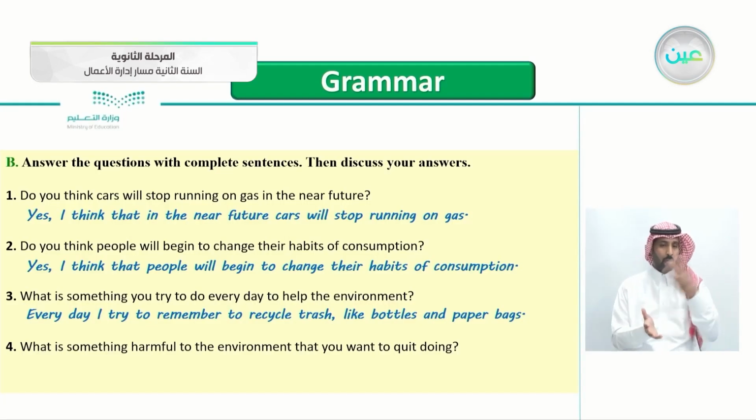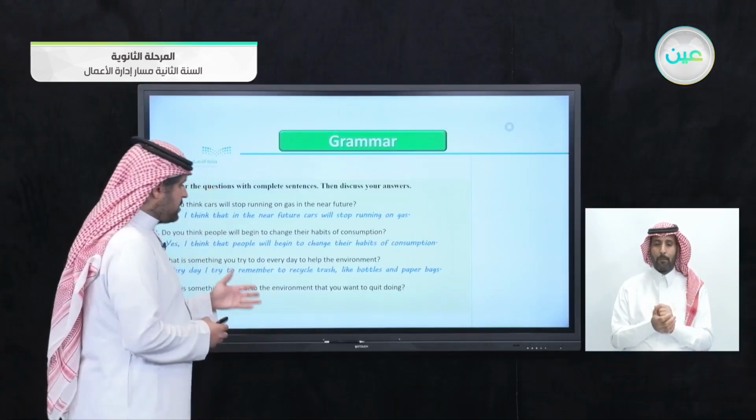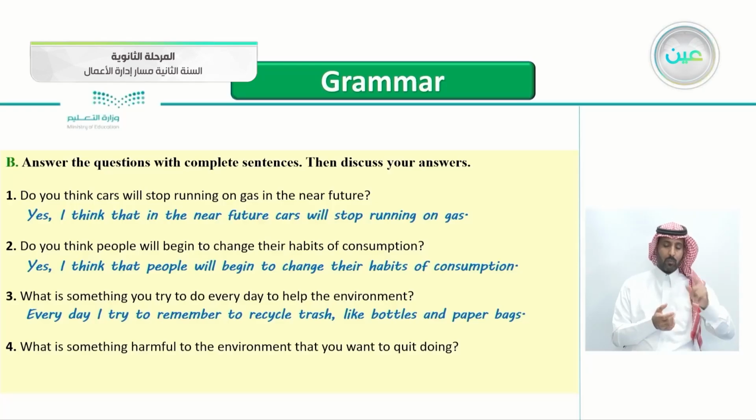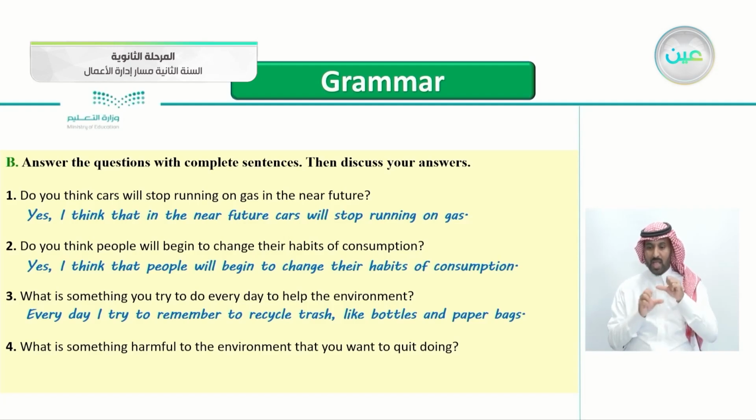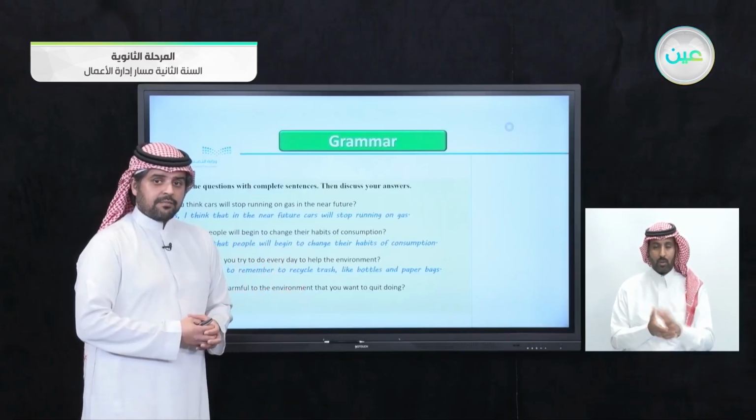Number 4, what is something harmful to the environment that you want to quit doing? Something that is harmful to the environment that you want to quit. So want to quit doing. Also quit doing here. This is a gerund here. Anything that you are doing that you want to quit because it is harmful to the environment.